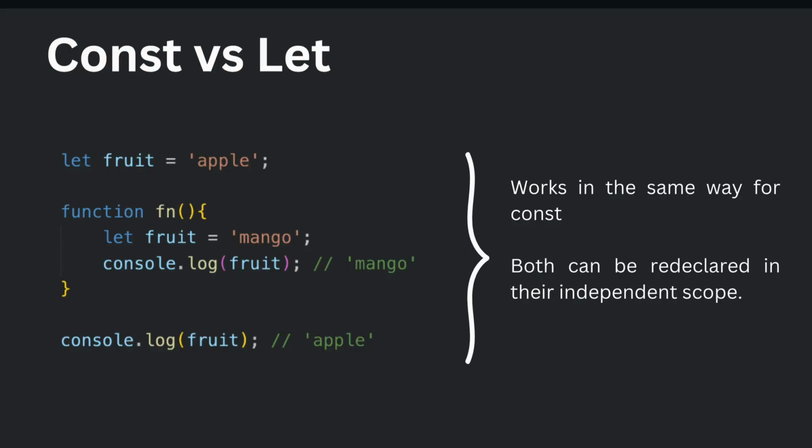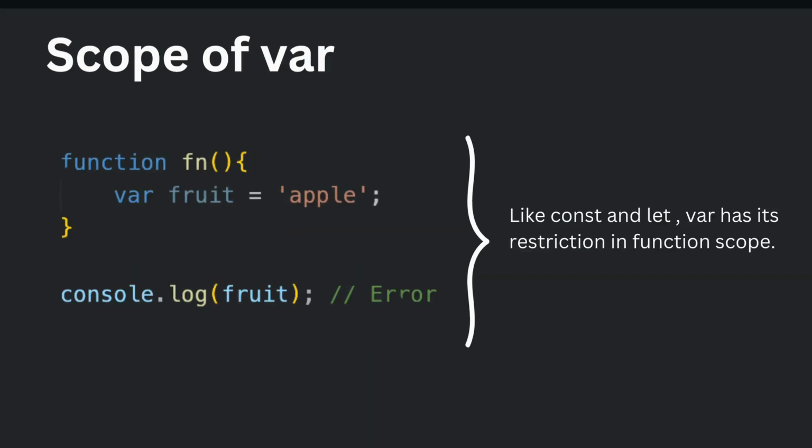We can't redeclare these variables inside the same scope, but this function has its own function scope, so we can redeclare fruit as mango, and outside this function is the global scope. Redeclaring is using the let keyword before the variable name. We could have written fruit equal to mango here for let, and that would also work, but what we are trying to do is declare the variable again. So redeclaration in an independent scope is available in both cases.